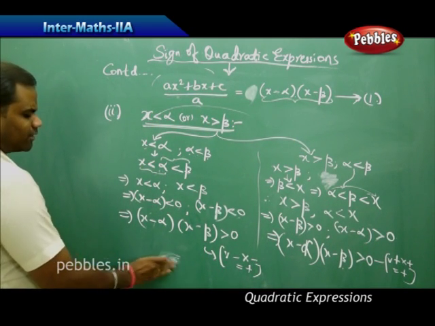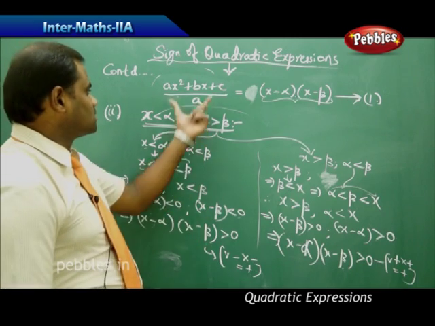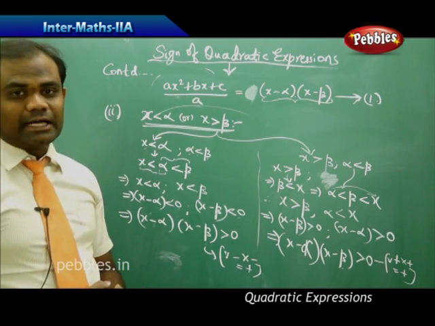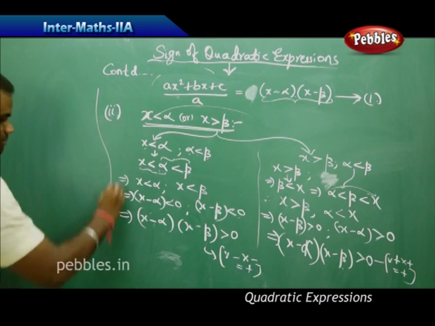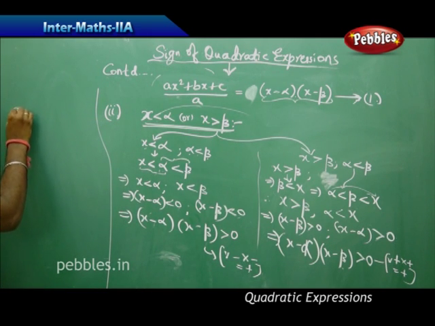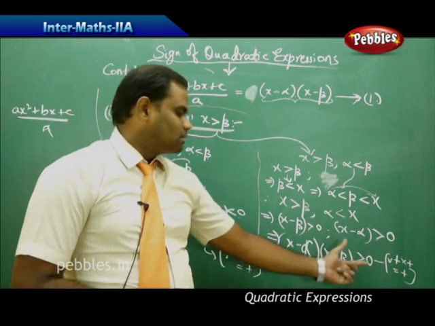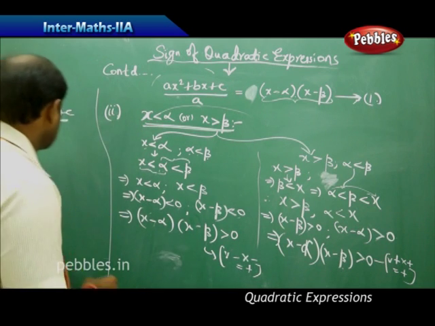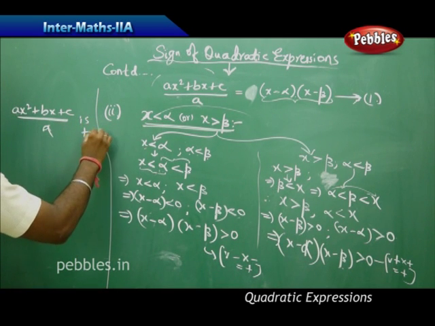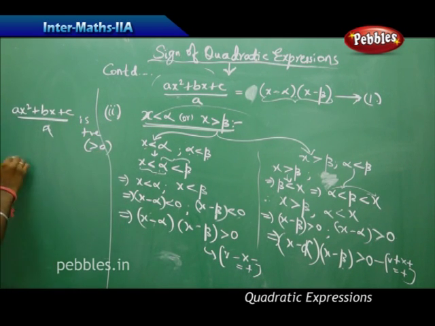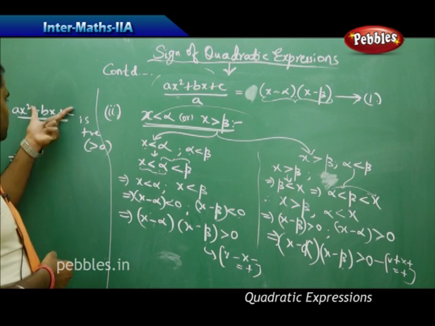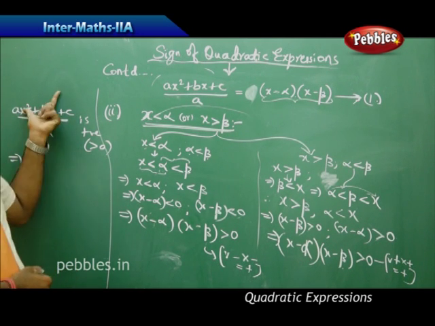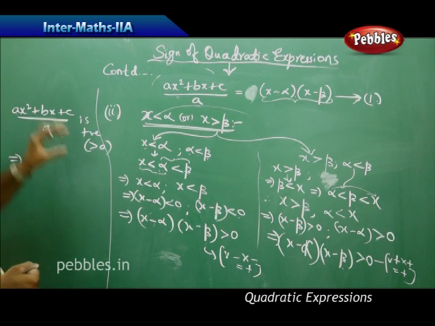Now, I substitute this and see that the two expressions will have the same sign, because when I consider ax square plus bx plus c by a, it will be positive in both the cases. This is greater than 0, which implies that when the numerator by denominator is positive, these two must be of same sign. Both must be minus or both must be plus.